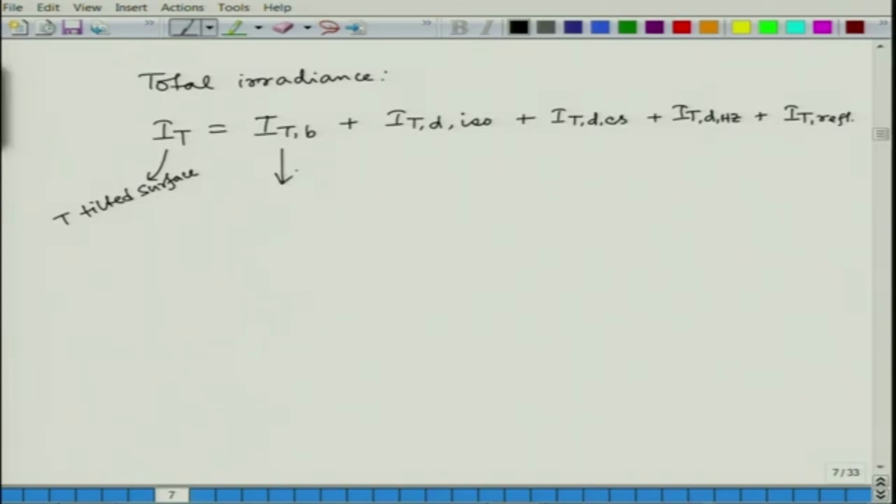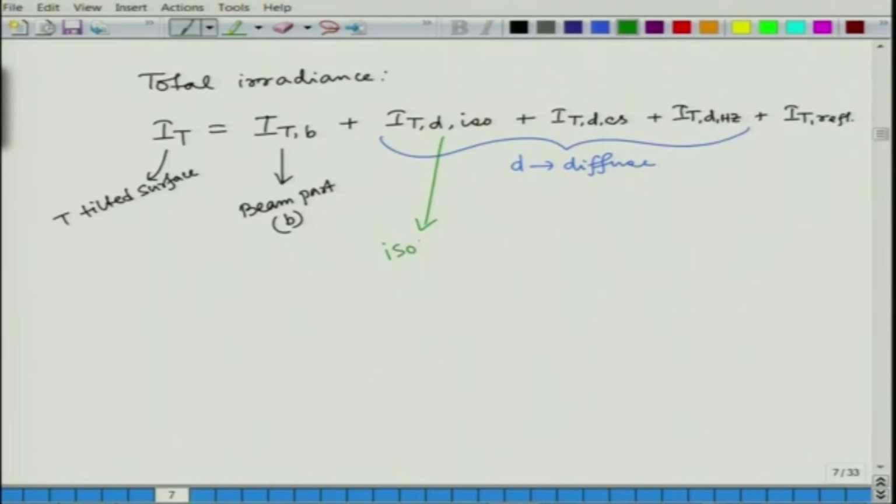First one is the beam part, and it is designated with the symbol B. B stands for beam, so that is why it is designated. Now, three of these each have a subscript small d, which stands for diffuse radiation, and we have three components of it. What are the three components?